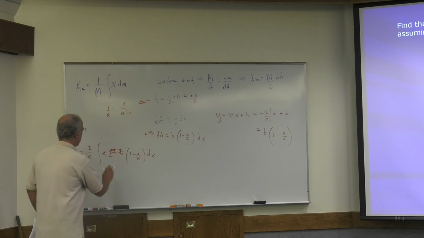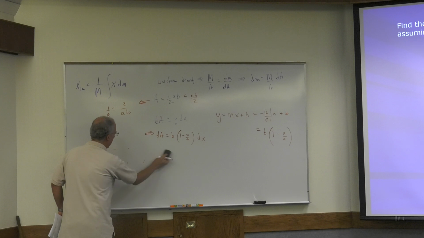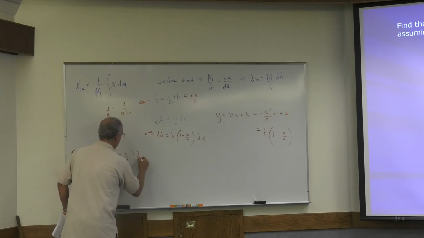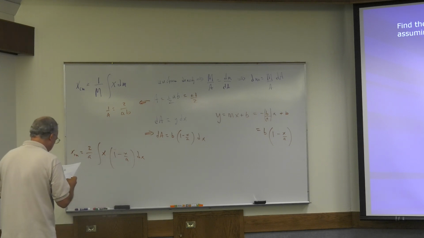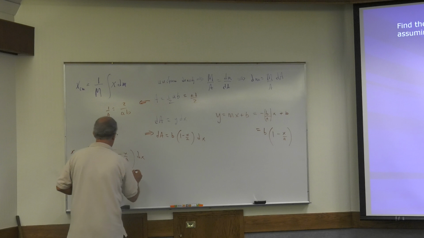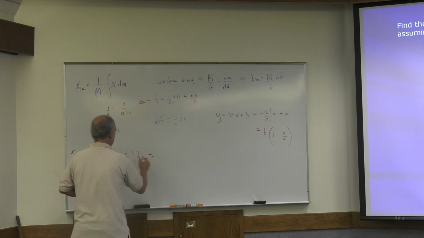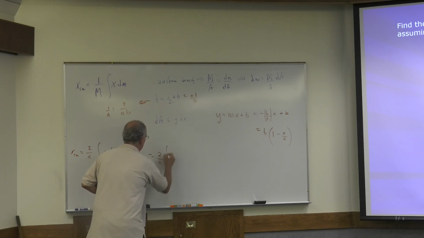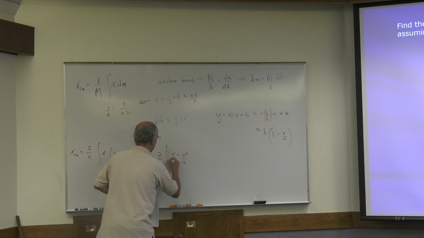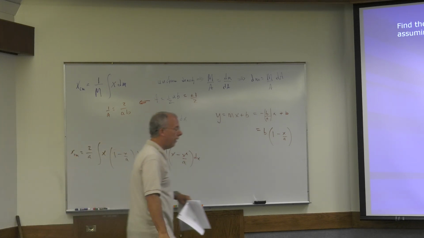All right, so let's make it look nice. So 1 minus x over a. Okay, so that's what we have. Well, let's multiply it out. So we have 2 over a, integral of x minus x squared over a dx. Now, what are our limits of integration?